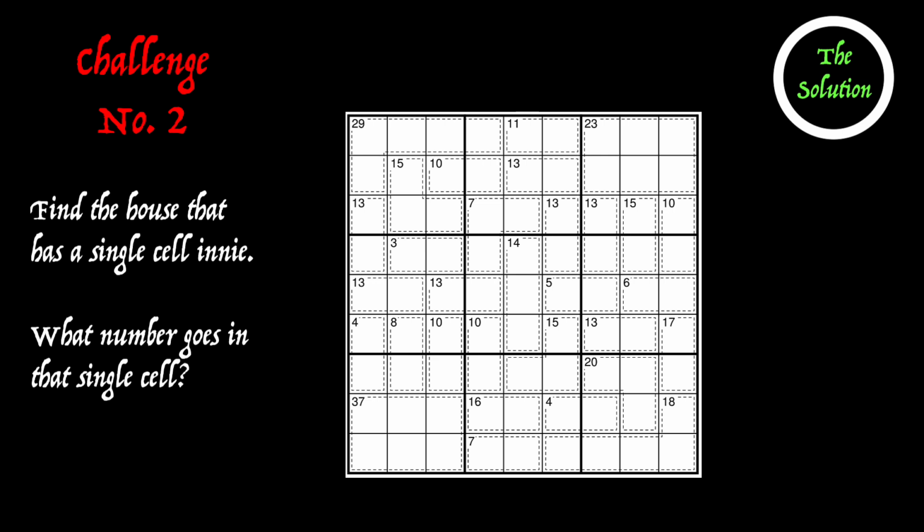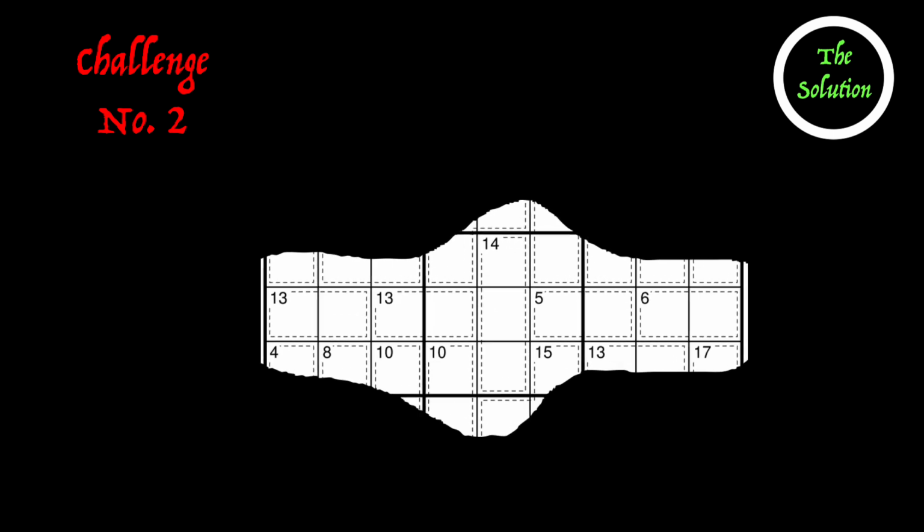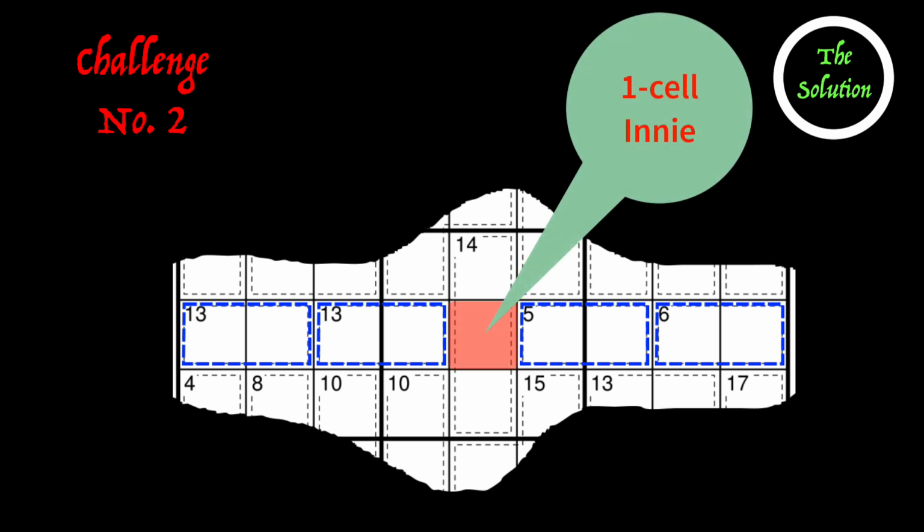So in this case, let's focus in on the house that's the middle row in this puzzle. So there's the middle row, and again let's highlight the cages that cover that row, and you'll immediately notice there's one missing in the middle.